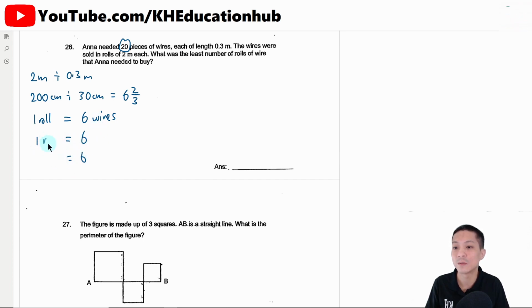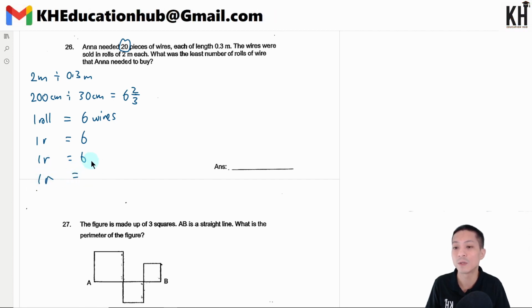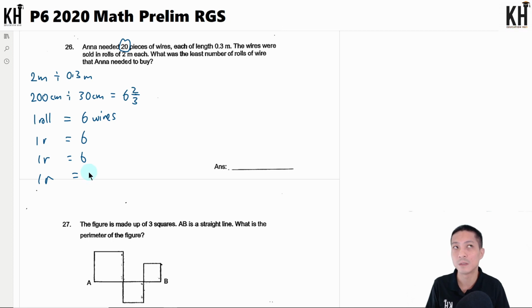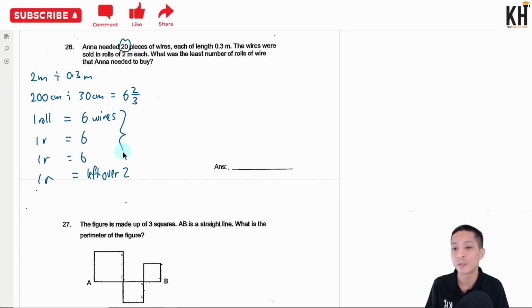So this is one row. That means you need to add another row, because you're short of 2, which will eat into the next row. The left over is 2, because here to here is 18. So altogether you need 4 rows.